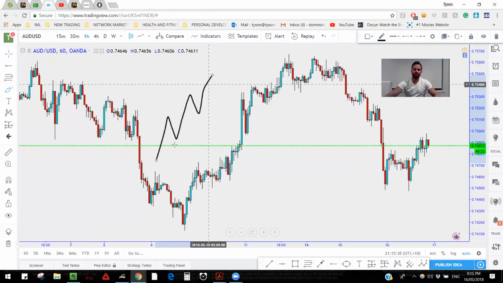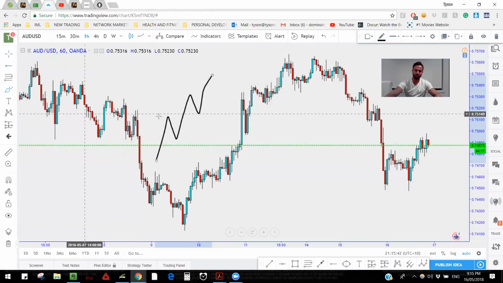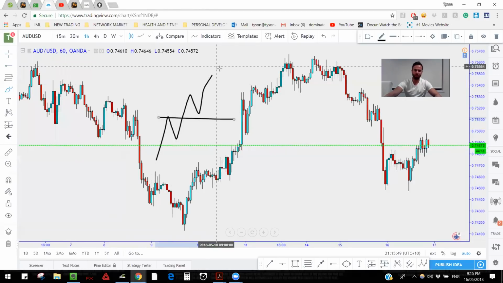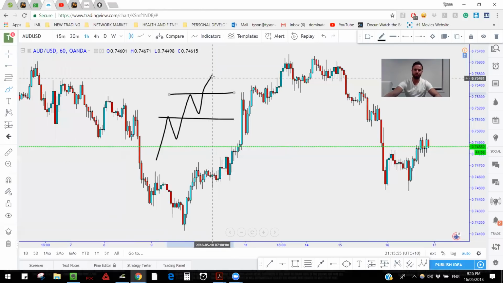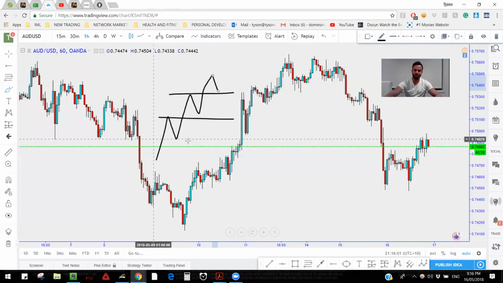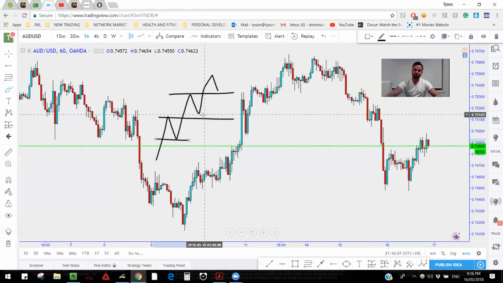Now, what happens is that the majority of retail traders are going to buy the retest here, thinking that it will keep going, and they might even draw another support and resistance line here. Some retail traders, the ones that didn't get on down here, where there was some previous resistance, now support, say they got in here.